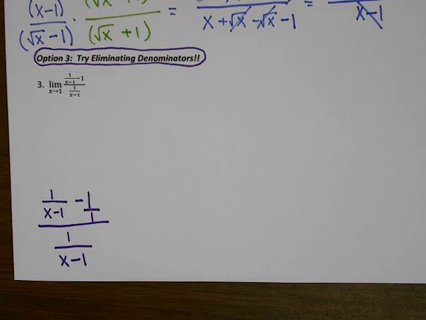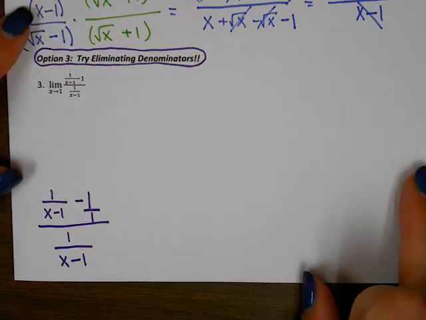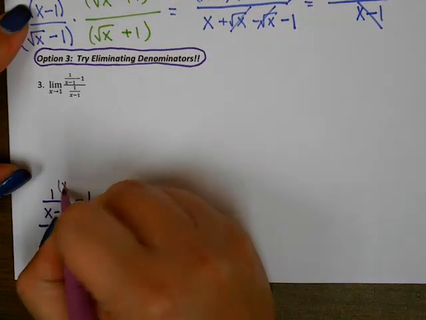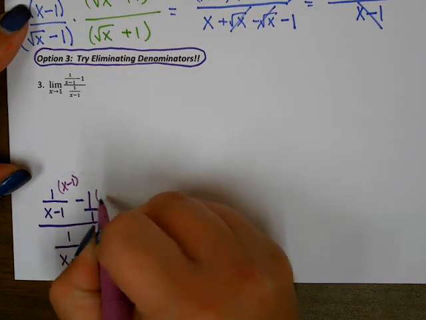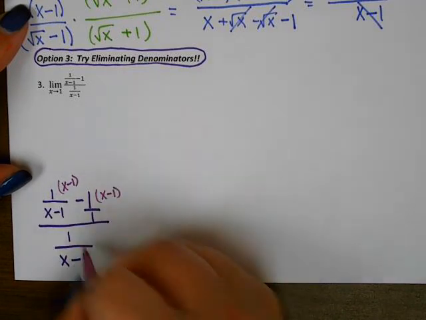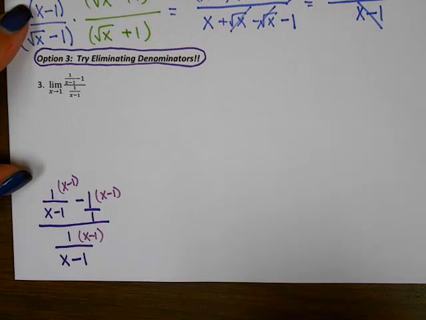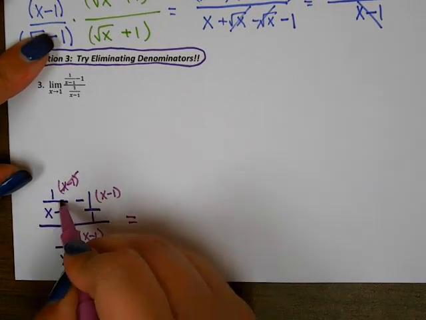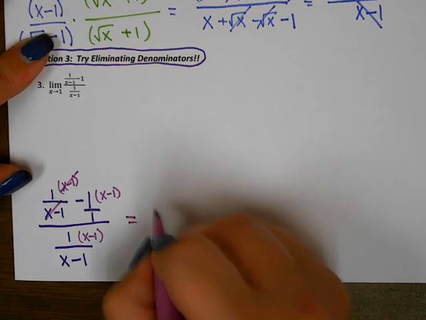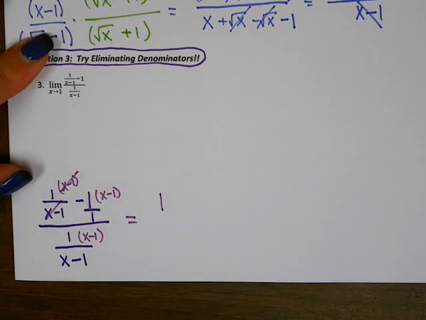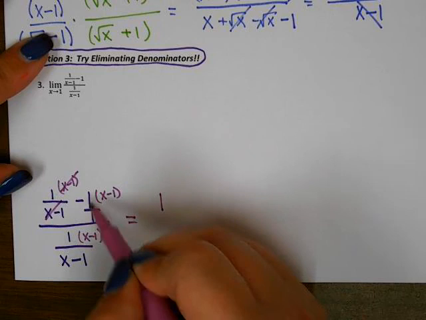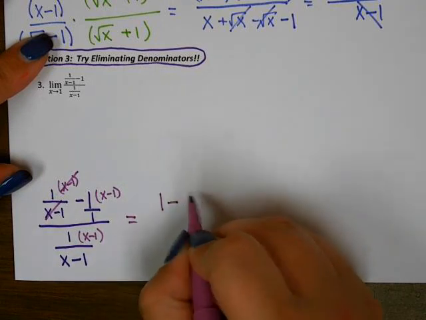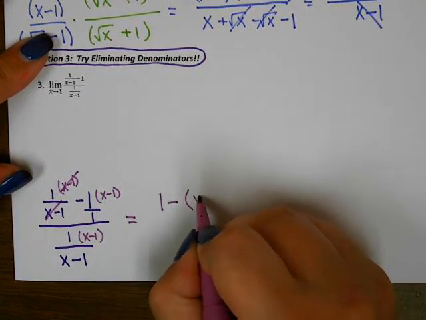So what you need to do is multiply by the least common denominator. So in this case, the least common denominator would be x minus 1. So I'm going to multiply that on the numerator of every single fraction here. And when I do that, this x minus 1 cancels with this one, and I'm simply left with a 1. And then here, nothing cancels, but I'm left with a minus x minus 1.